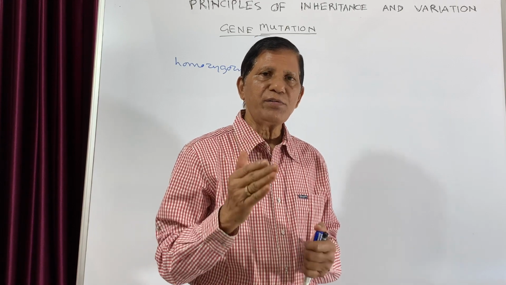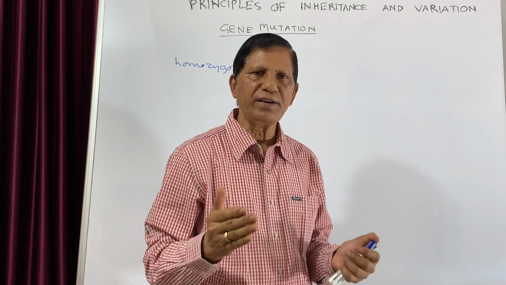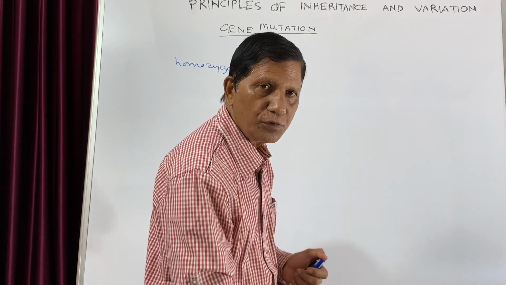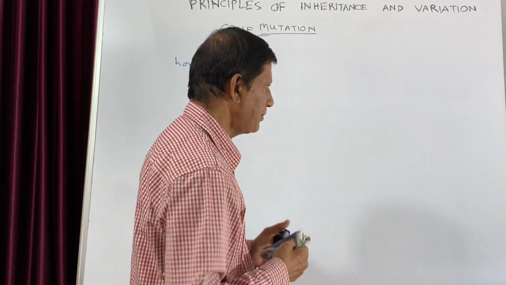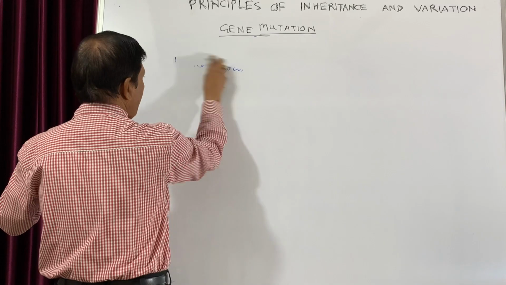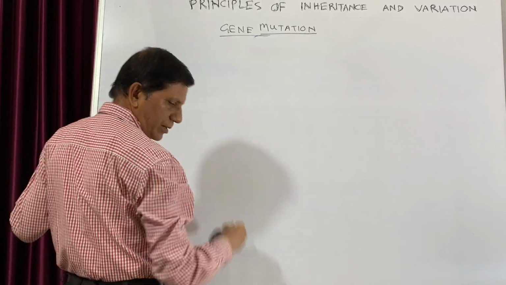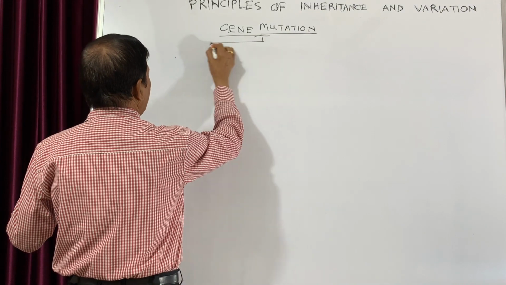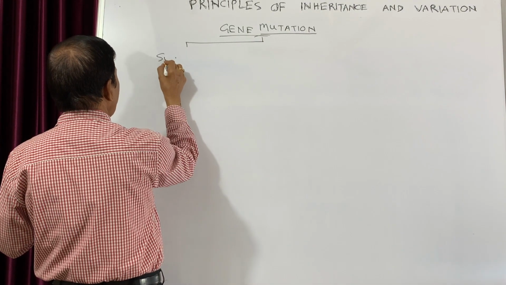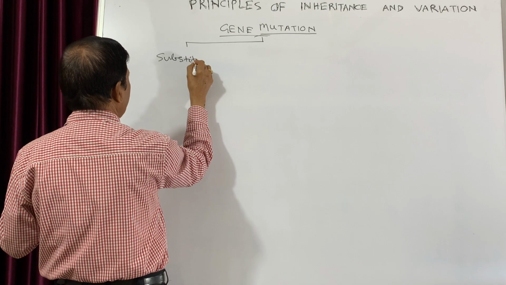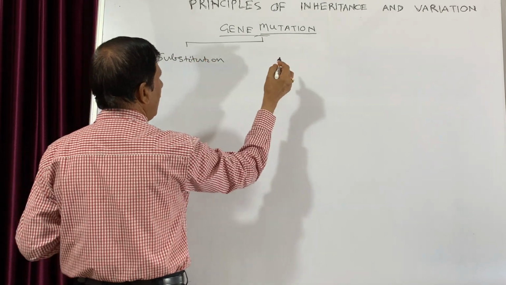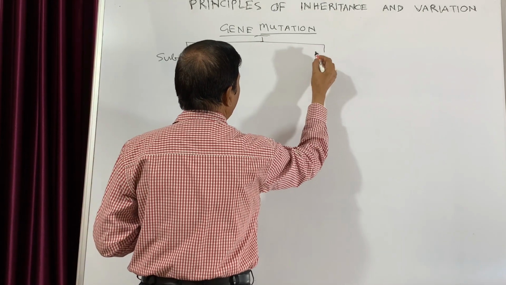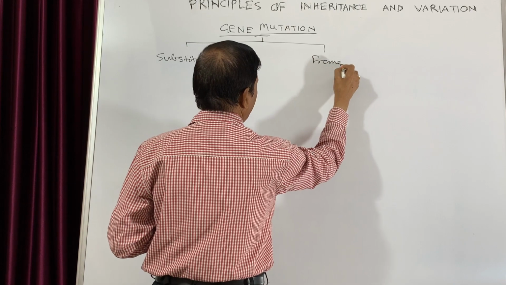Now this gene mutation is again divided into substitution mutation and frameshift mutation. The gene mutation, we can discuss it in two headings. One is the substitution mutation and the other one is frameshift mutation.